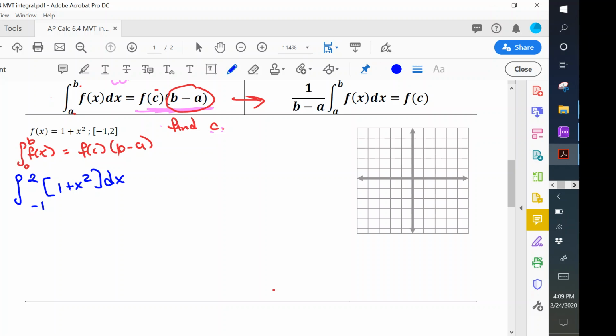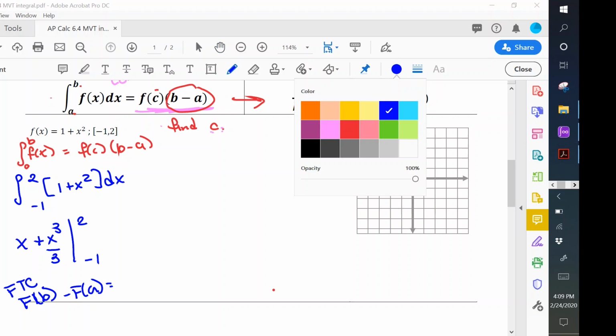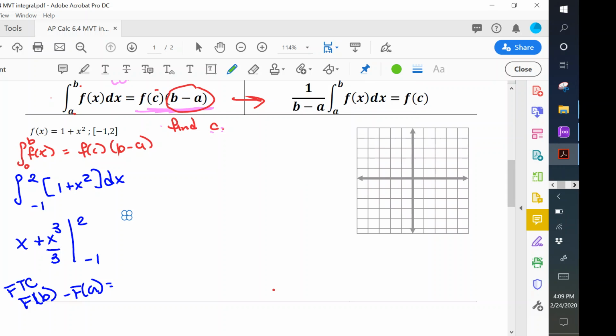Not that bad. The integral of 1 is x, and the integral of x squared is x cubed divided by 3, all over -1 to 2. Now we evaluate using the fundamental theorem of calculus, which says f of b minus f of a. Let's do that work. I'll do it in green. f of b will be 2 plus 2 cubed over 3.